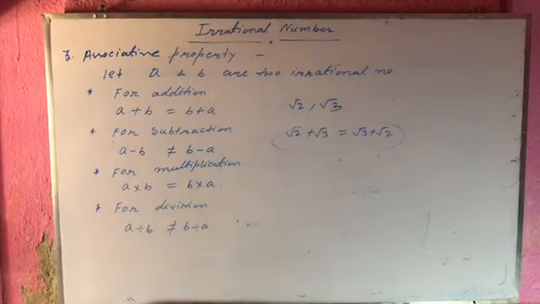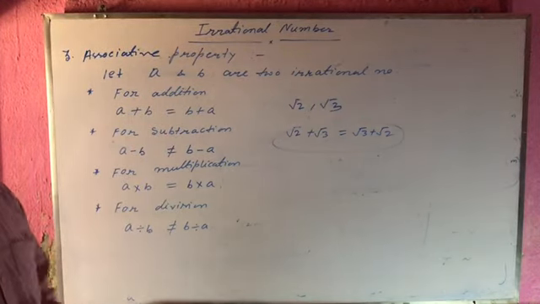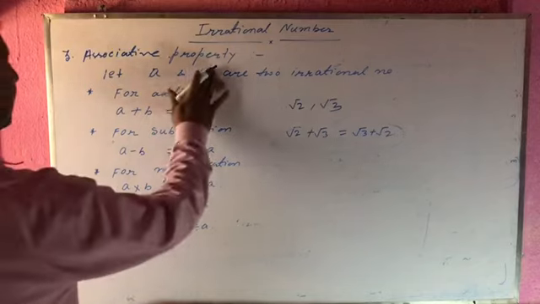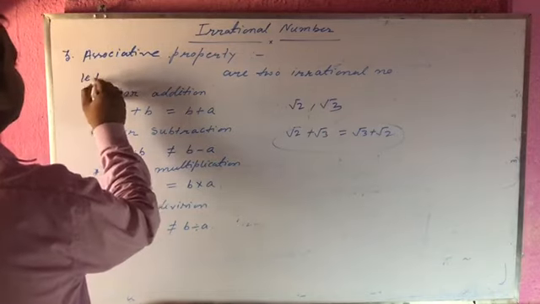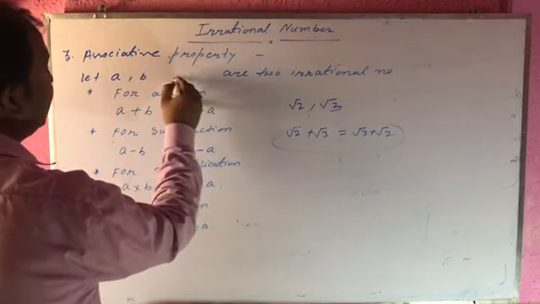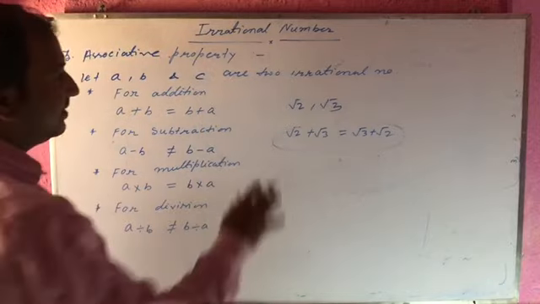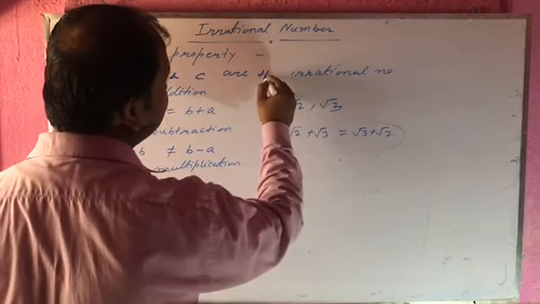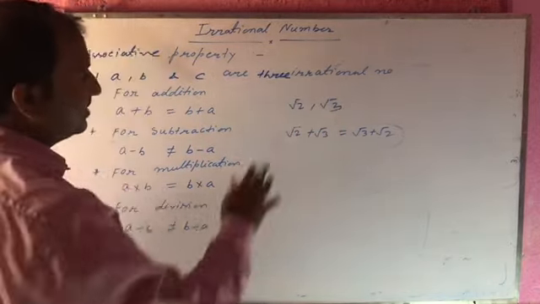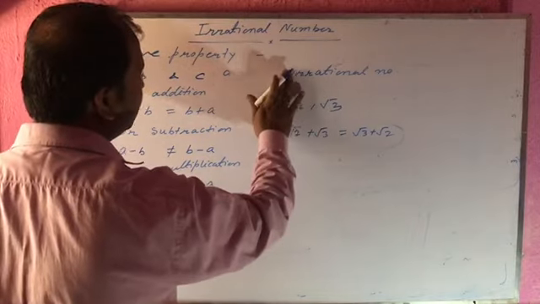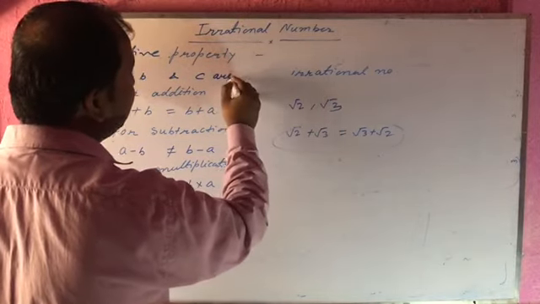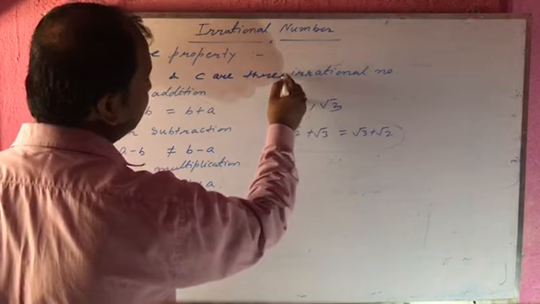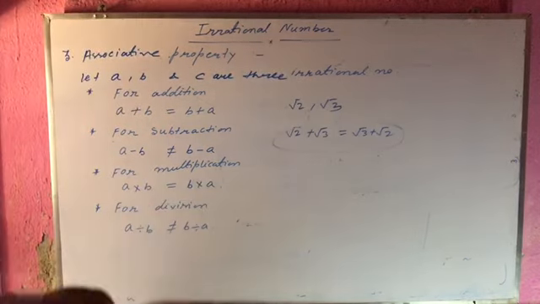The associative property will work for 3 numbers. Here, let A, B and C be 3 irrational numbers.